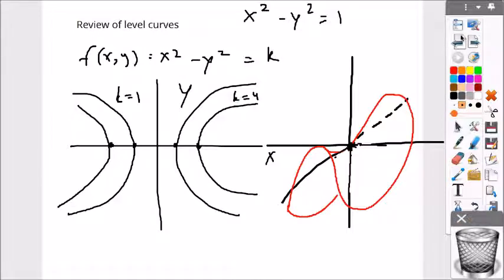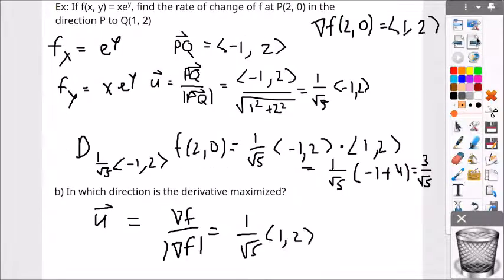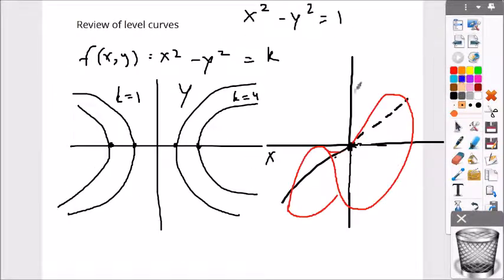Now, let's put the claim that I have, where is it? If u is perpendicular to the direction of the gradient, then the derivative is maximized, right? So if the derivative is maximized, let's say we're going here, where would the derivative be maximized? It'd probably be somewhere here, right? Because we're moving from k equal 1 to k equal 4.